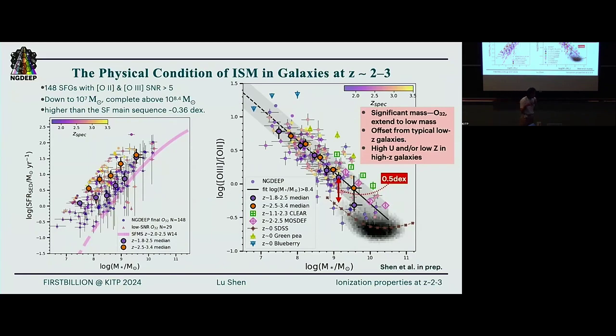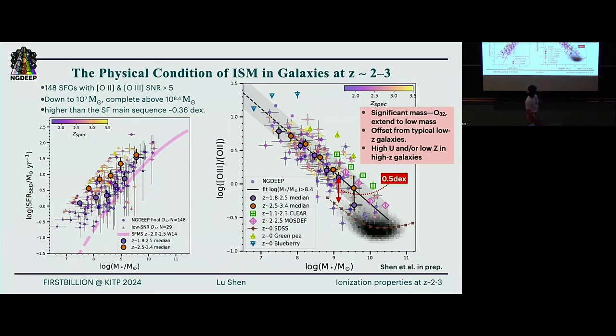Because we are using emission line selection, we find our galaxies have star formation rates higher than the main sequence. On the right, I'm showing the O3 versus O2 ratio as a function of stellar mass, and the colored dots are the data we have.